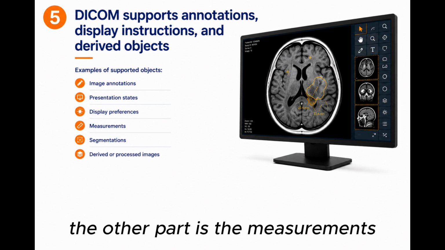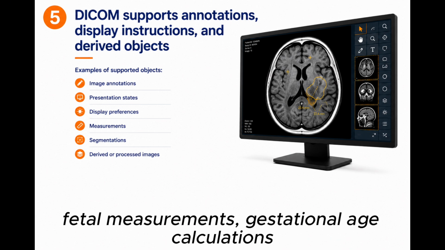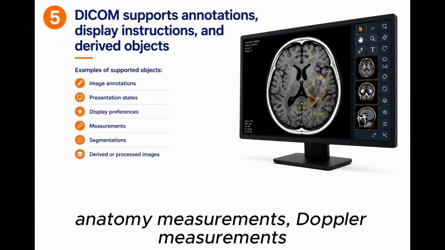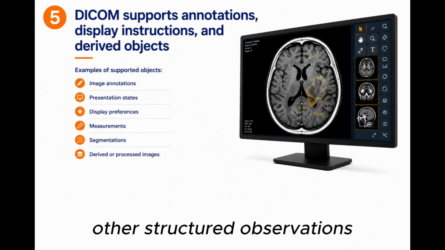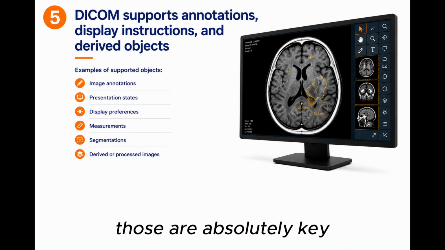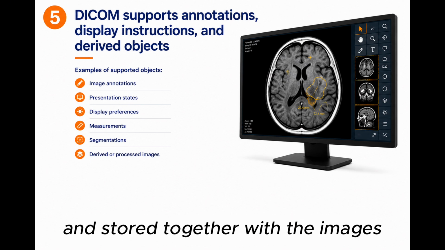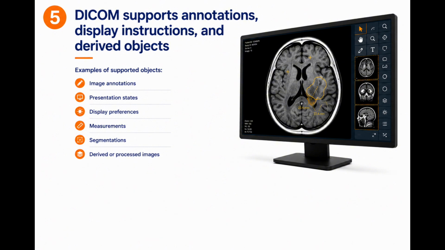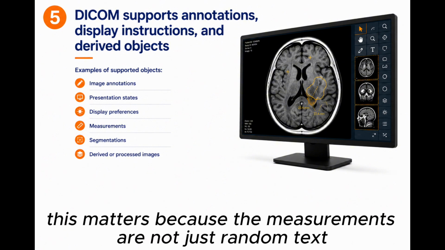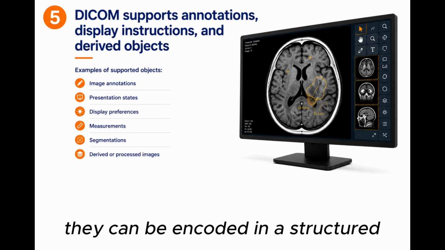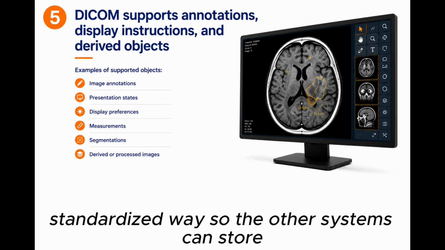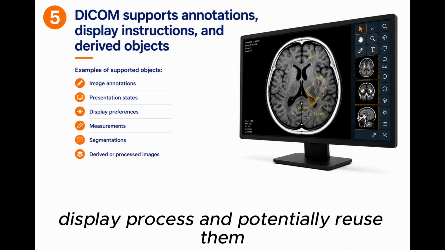The other part is the measurements: fetal measurements, gestational age calculations, anatomy measurements, Doppler measurements, other structured observations. Those are absolutely key, and those measurements can be encoded as a DICOM structured report and stored together with the images. This matters because the measurements are not just random text. They can be encoded in a structured, standardized way, so the other systems can store, display, process, and potentially reuse them.